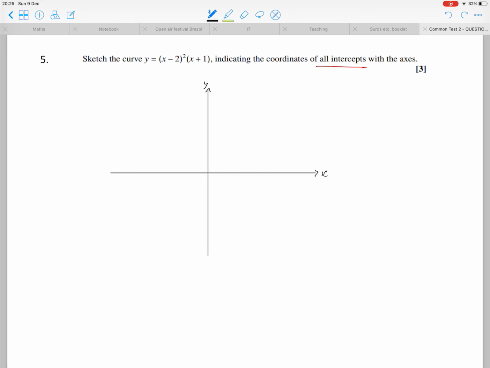So we've got a double root x equals 2, and we have a normal root x equals minus 1. And it's a cubic curve, and it's a positive cubic curve, by which I mean if you were to expand it, you would have a positive x cubed, have 1x cubed. So we're expecting a cubic shape which will probably have this sort of shape, and we know that it has a single root at 2 and a normal crossing the axis root at minus 1.